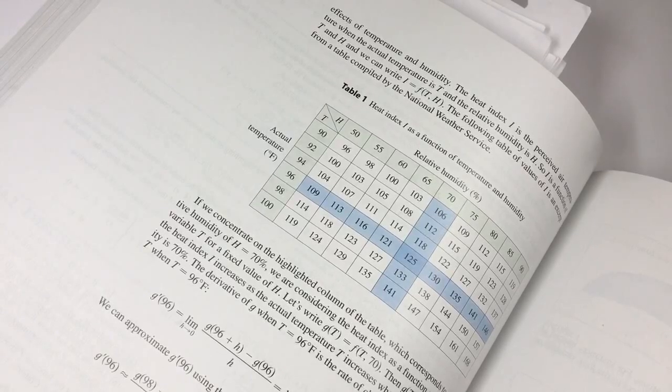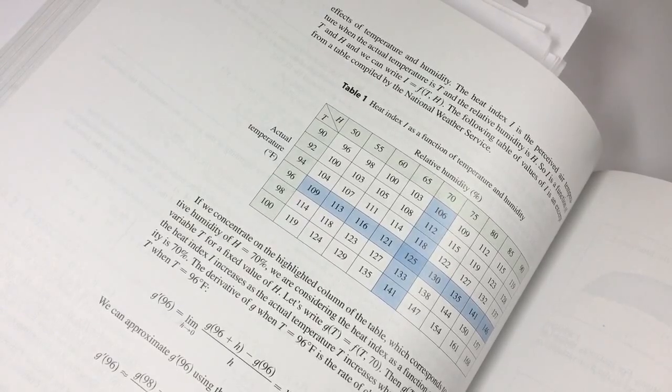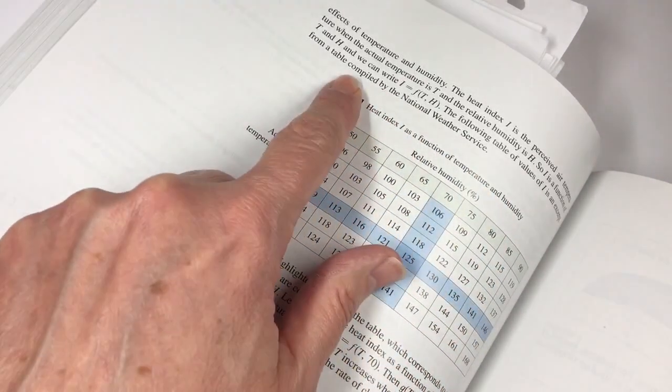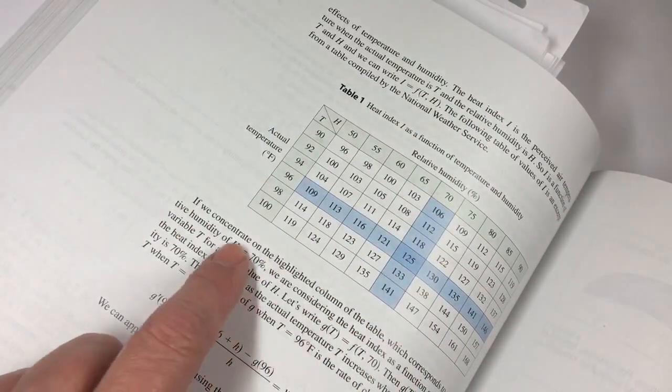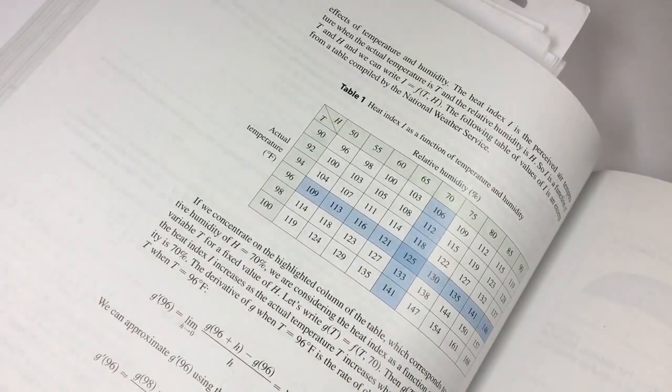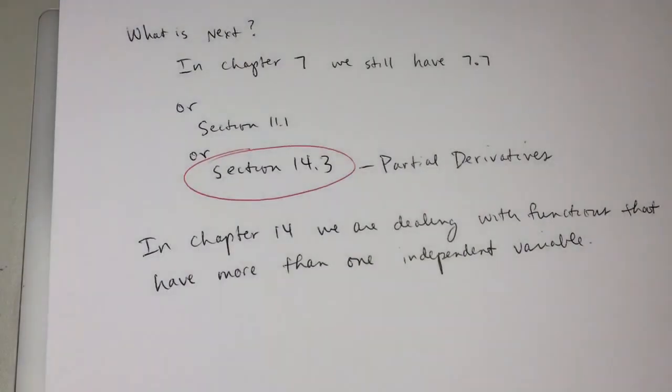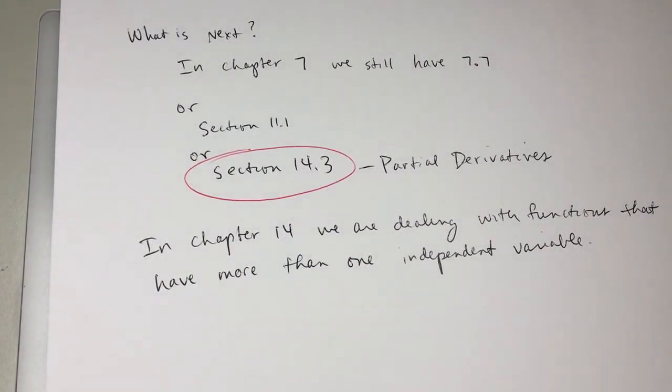So the humidity and the temperature might affect both. I'm thinking maybe the heat index. Well, that's what it is, the heat index. So you have two things acting on that, and so you have two independent variables.